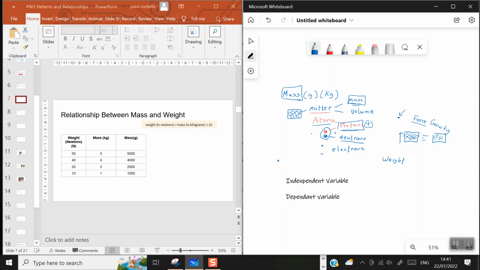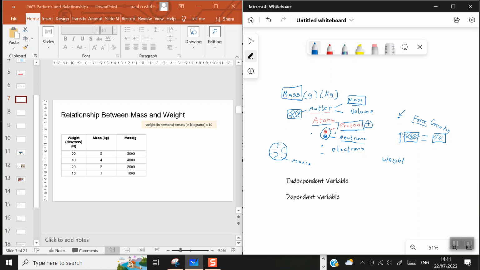If you really scale up and think of something like our planet Earth, it's a huge object and it has loads of mass, so it has loads of matter. Think about all the grains of sand worth of atoms that fit in this full stop, and imagine how many atoms actually make up the whole planet.